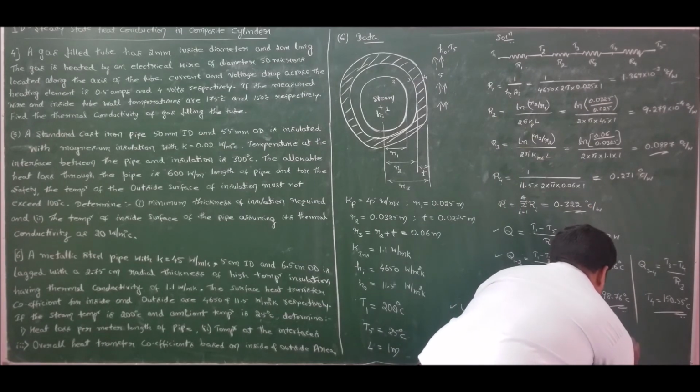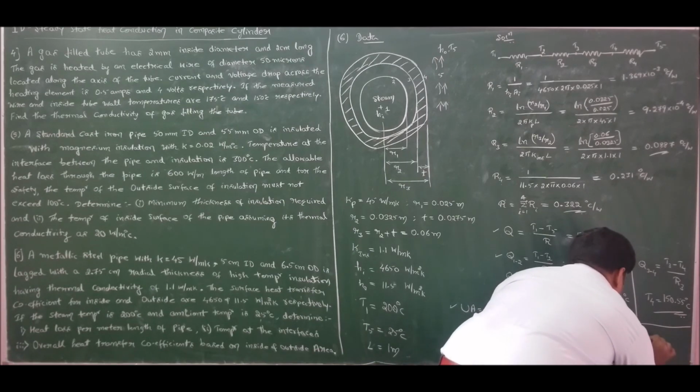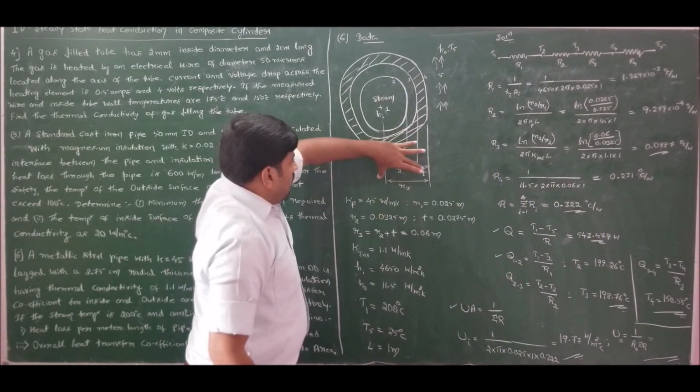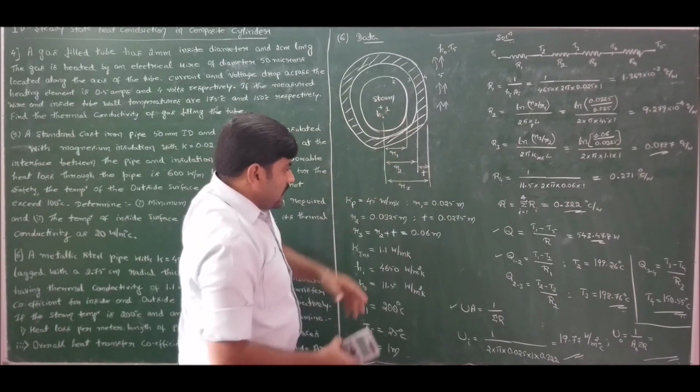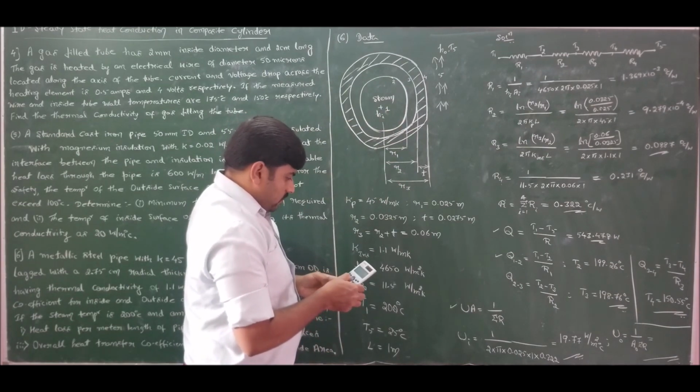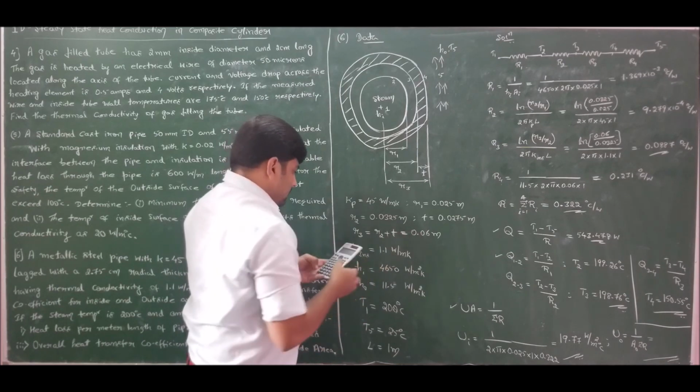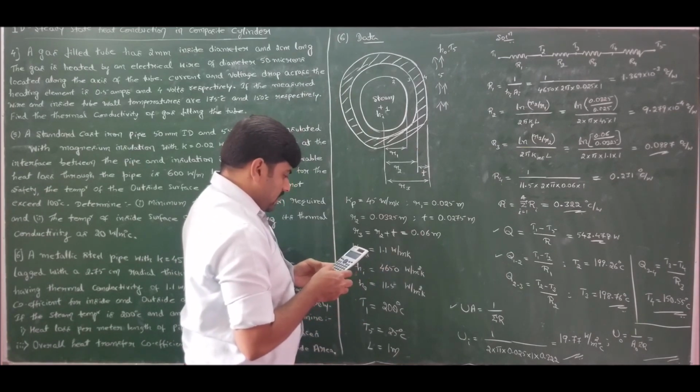So similarly, U naught is equal to 1 by A naught into summation of R. So for outside surface area, I should take 2 pi R3 L. So therefore it is 1 divided by 2 into pi into R3, R3 is 0.06 into L is 1.